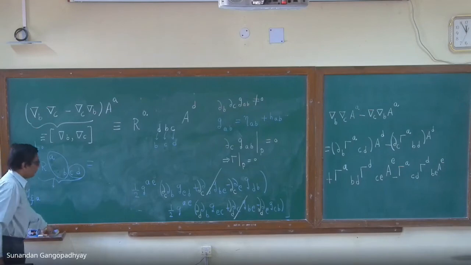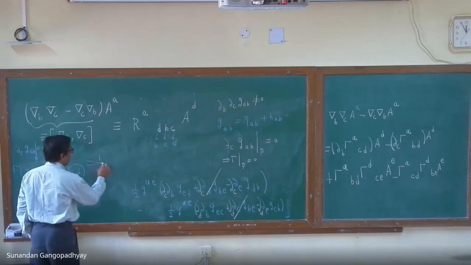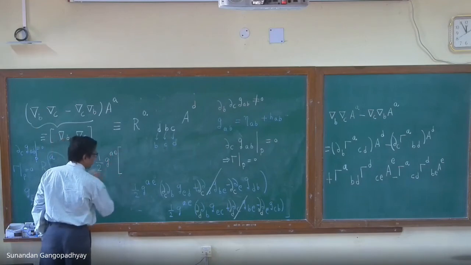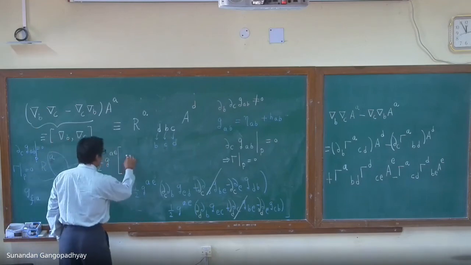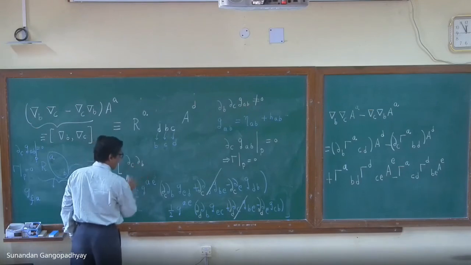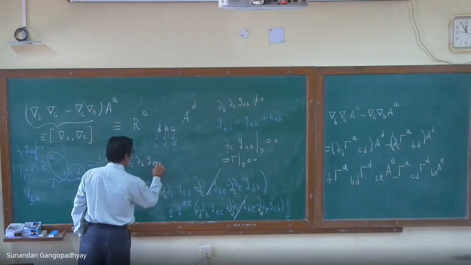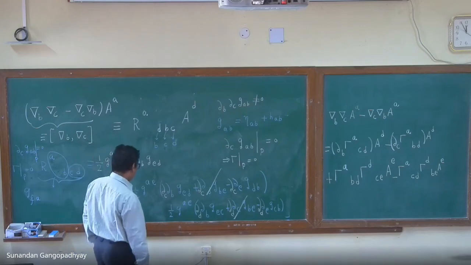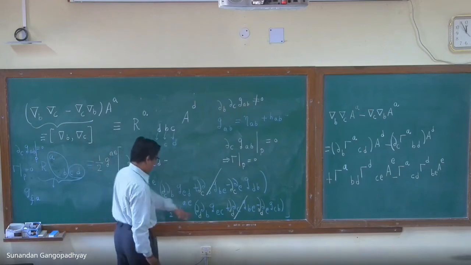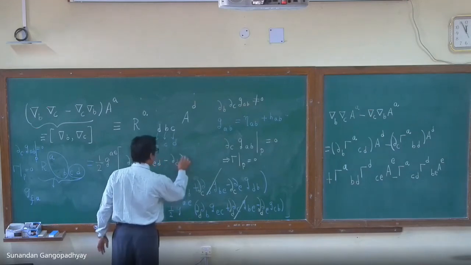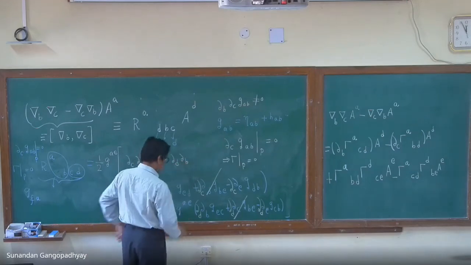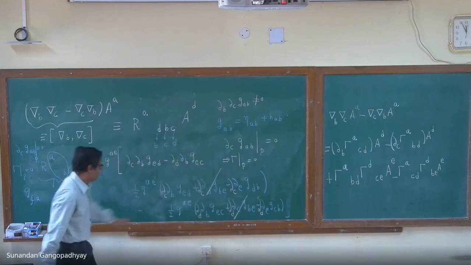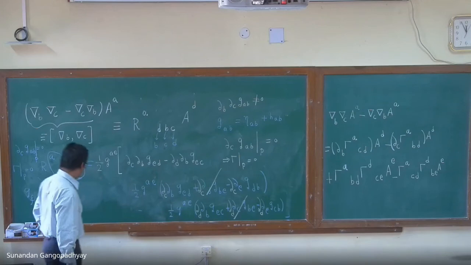Okay. So what we have got from this expression is half D A E, del C del E, first term, minus del G del E G BC, the second term. I have written these two terms, this and this term.